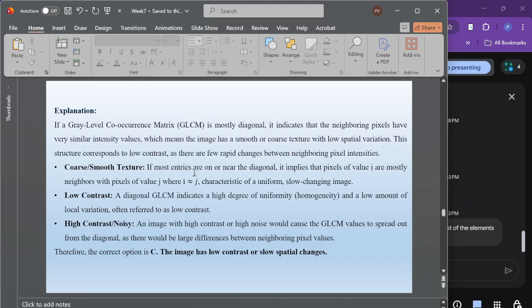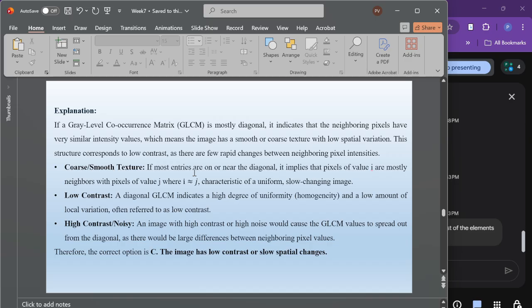If a gray level co-occurrence matrix, that is GLCM, is mostly diagonal, it indicates that neighboring pixels have very similar intensity values, which means that the image has a smooth or coarse texture with low spatial variation. This structure corresponds to low contrast, as there are few rapid changes between neighboring pixel intensities.